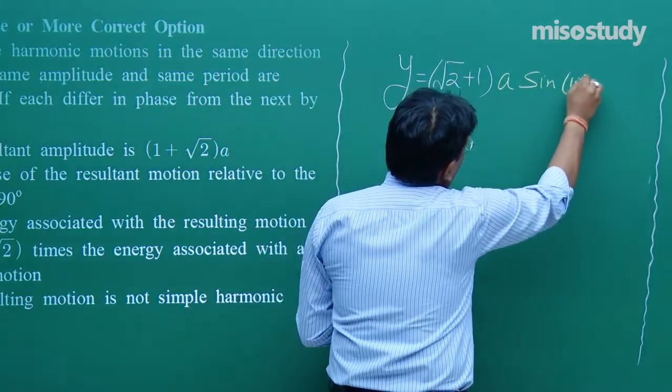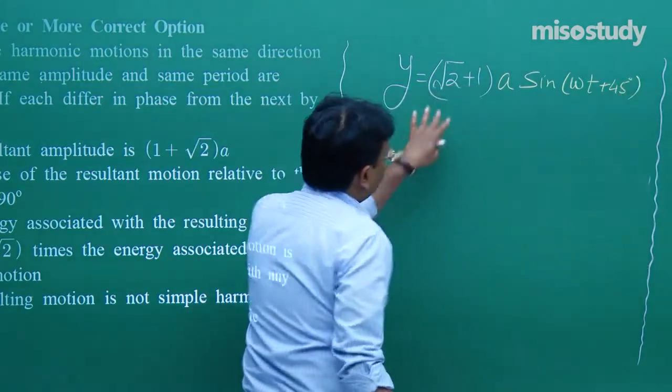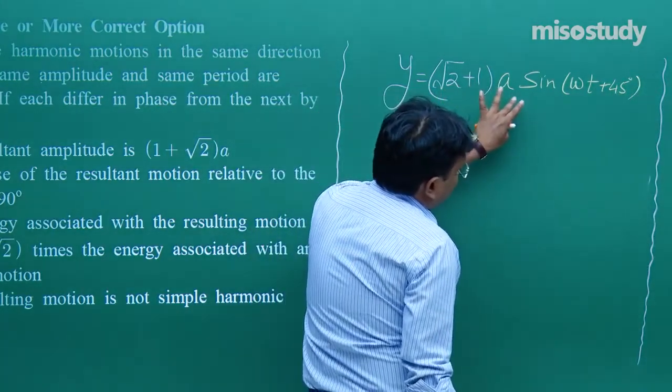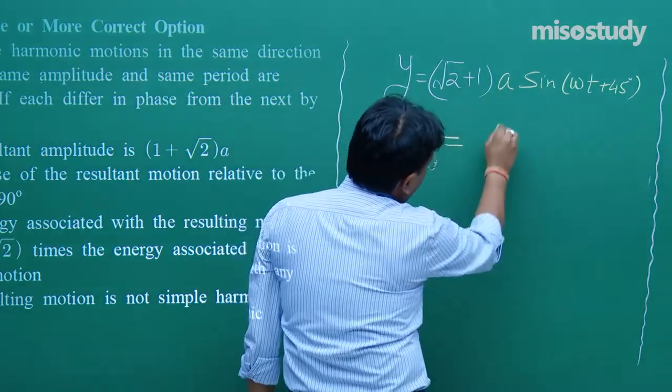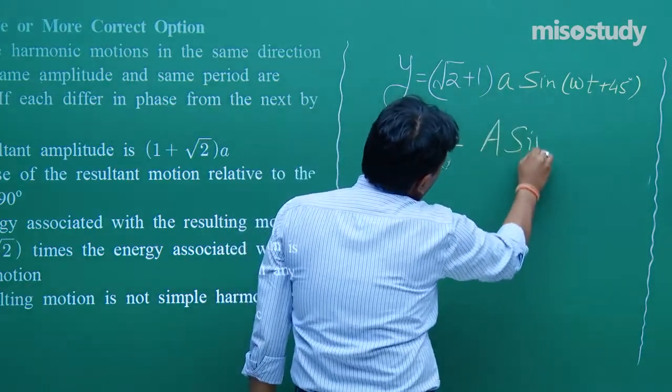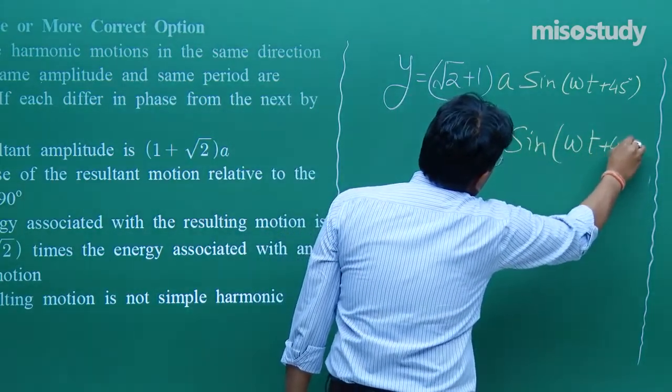So root 2 plus 1 into a sin omega t plus 45.